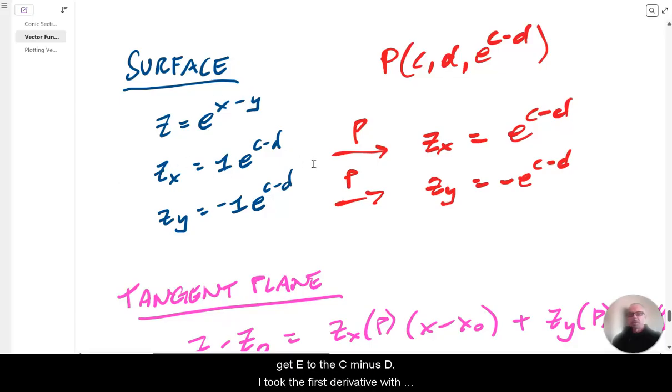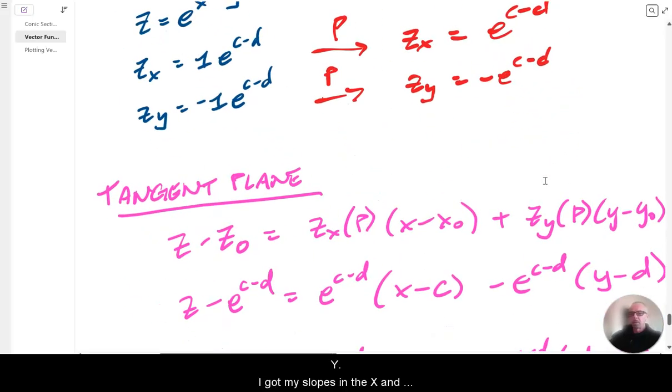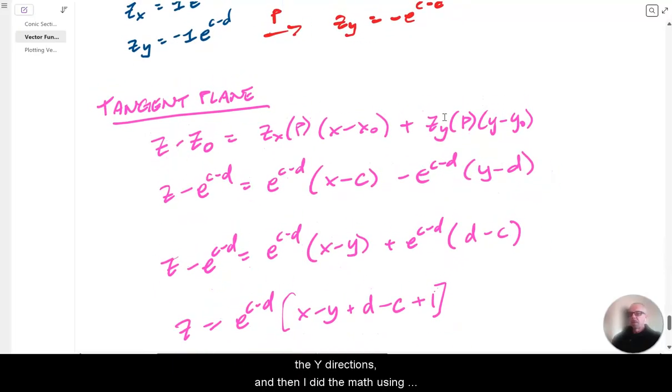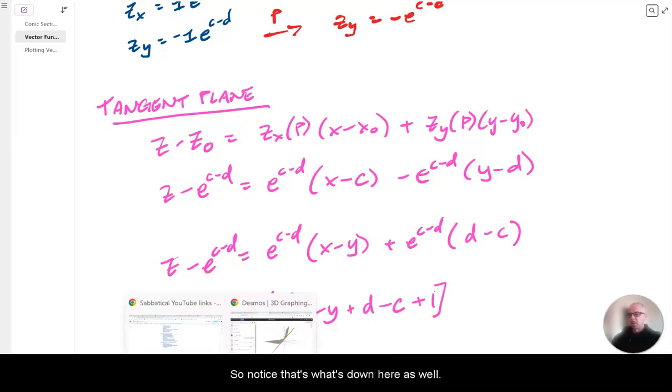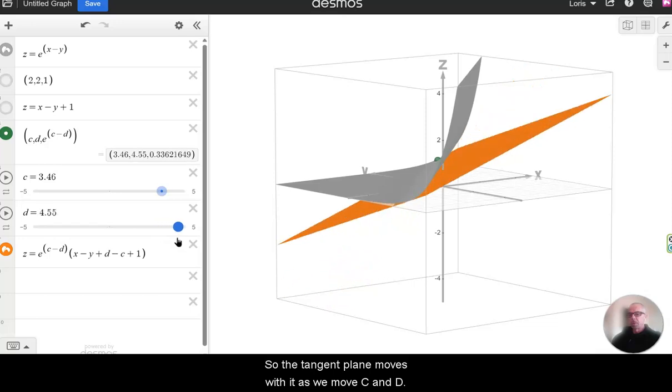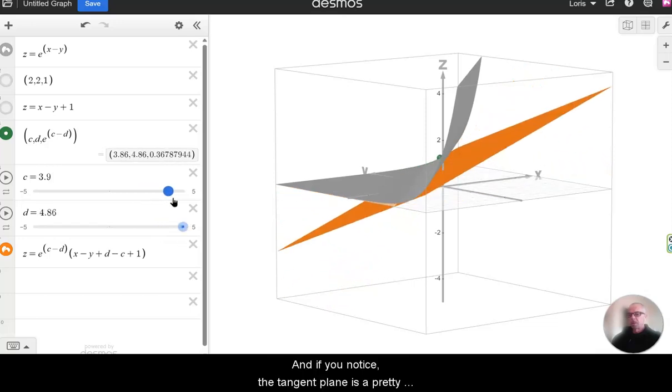I took the first derivative with respect to x, and the derivative with respect to y. I got my slopes in the x and the y directions, and then I did the math using the formula, and I got this tangent plane down here. So notice that's what's down here as well. The tangent plane moves with it as we move c and d.